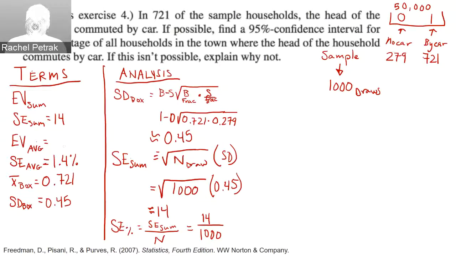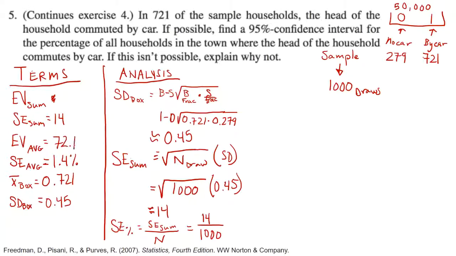And we would expect that, we already know this. We don't actually need to go through this one because we know the expected value of the average is going to be this percentage, 72.1. It's just a percentage representation of our box proportions.